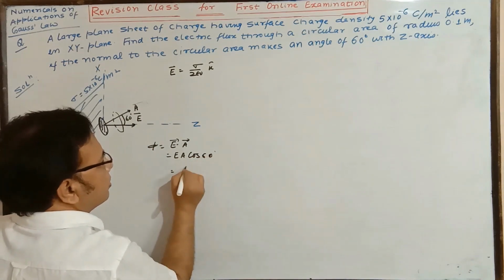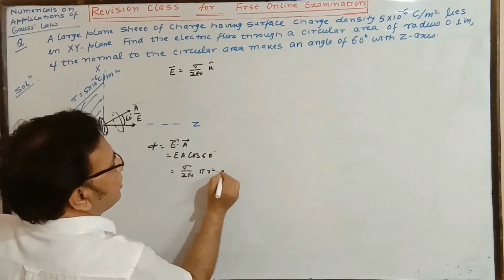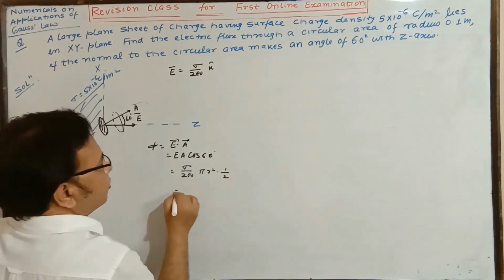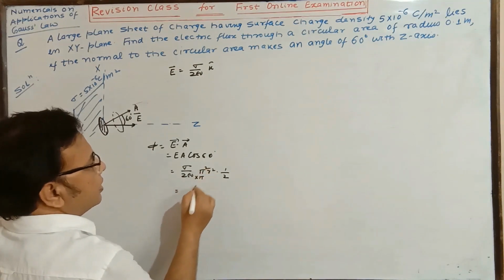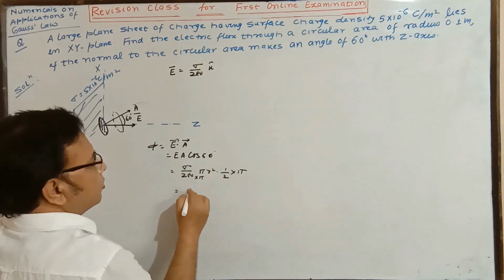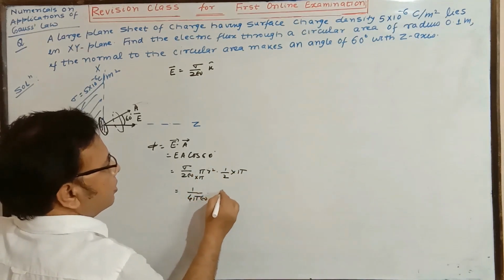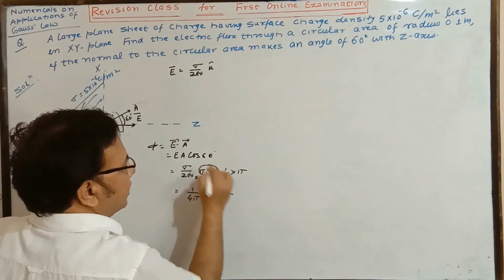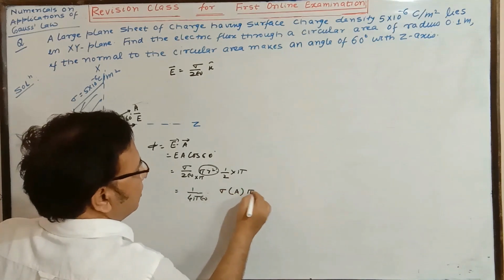E is sigma by 2 epsilon naught, A is pi r square, into cos 60 which is 1 by 2. If you multiply numerator and denominator by pi, it becomes this into pi. So 1 by 4 pi epsilon naught into sigma, pi r square is the area, sigma into A into pi.